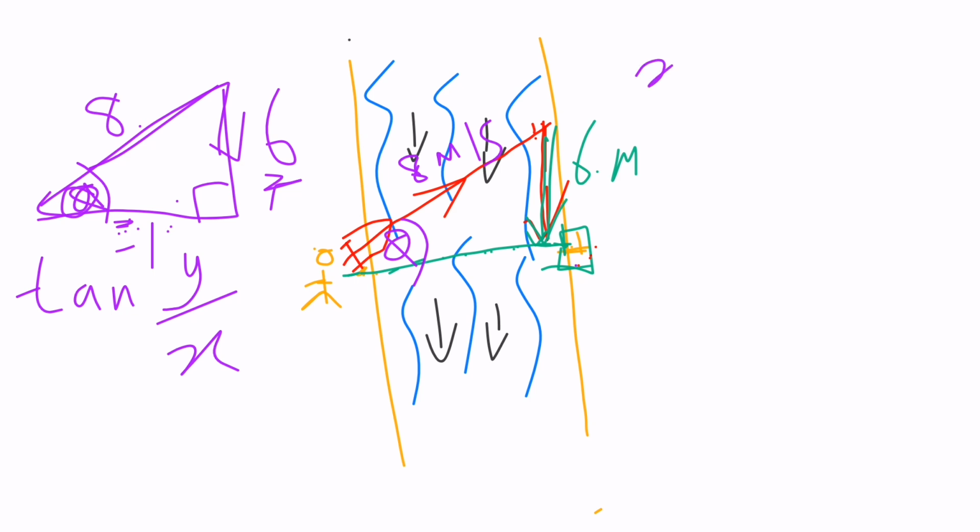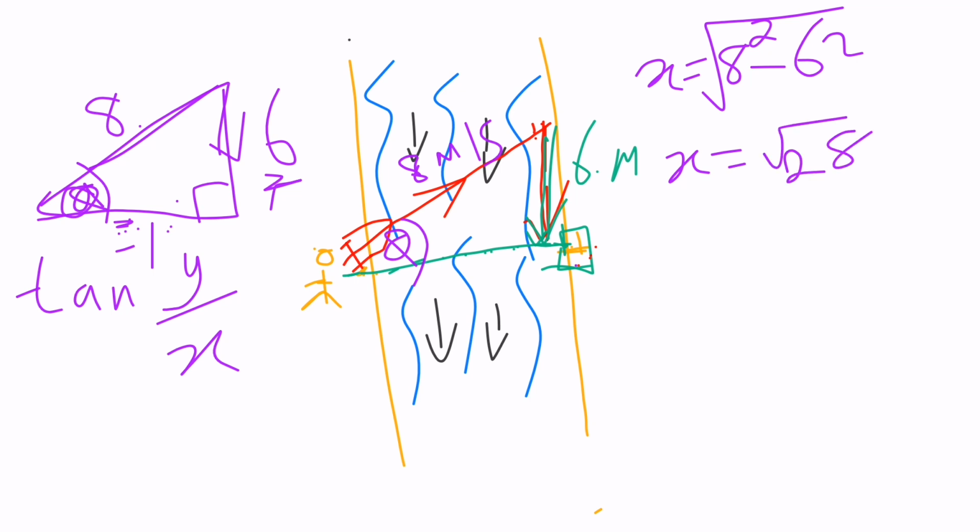So x is equal to, according to the Pythagorean theorem, the square root of 8 squared minus 6 squared, which gives the square root of 28. So x is 5.3 meters per second.